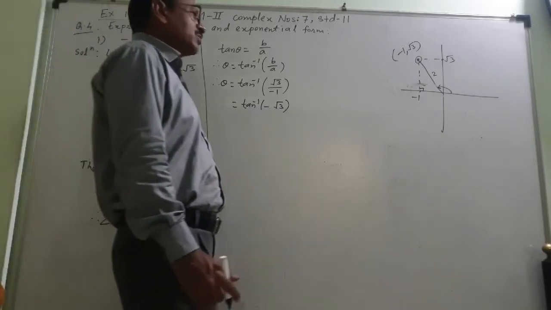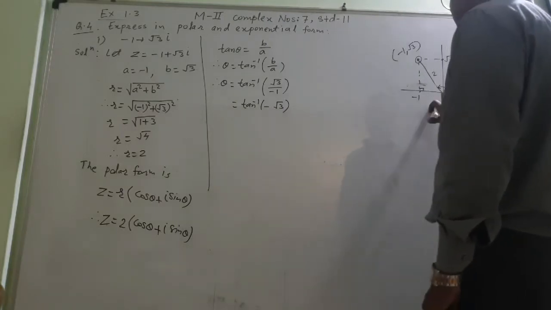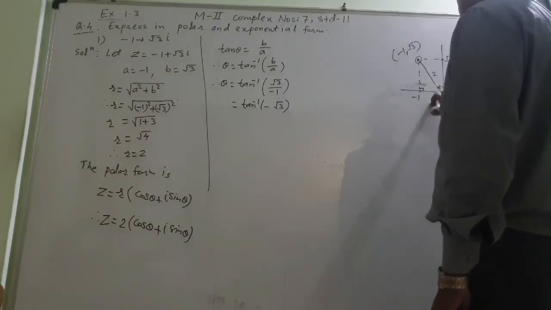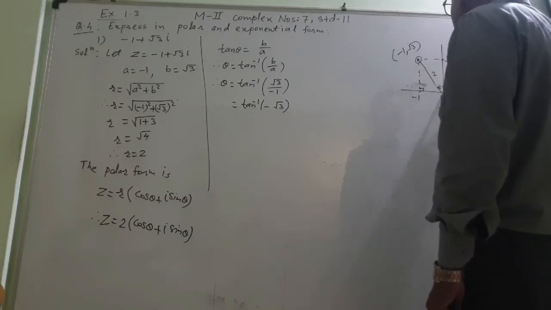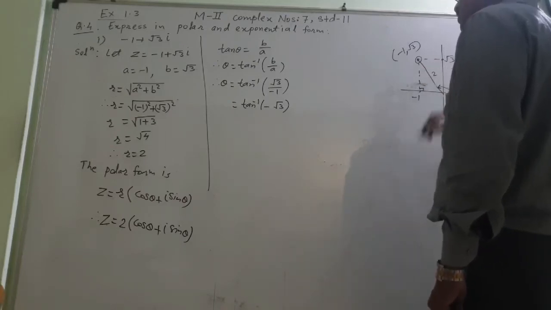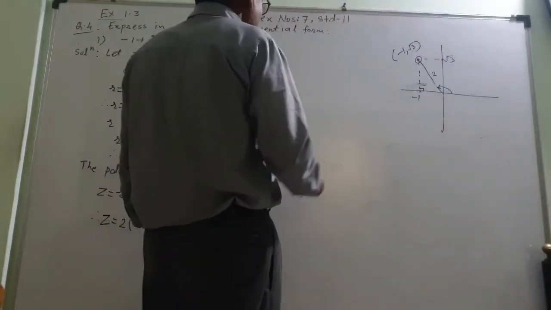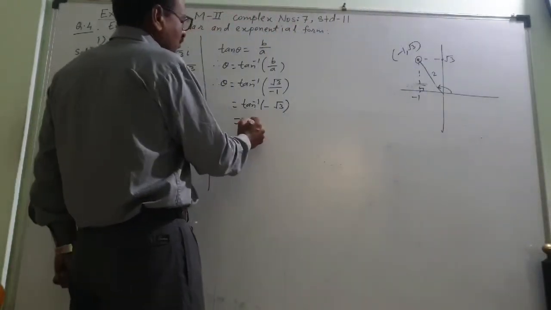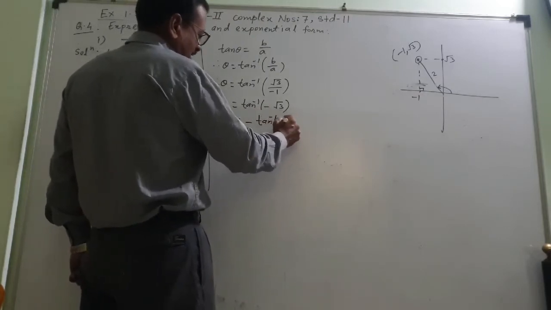So minus root 3 means it will be negative. Tan is negative. Here tan is positive. So it is in the second quadrant. So how much this angle would be, that I have to search. So there is one concept, 180 minus this, that is equal to minus tan inverse of root 3.